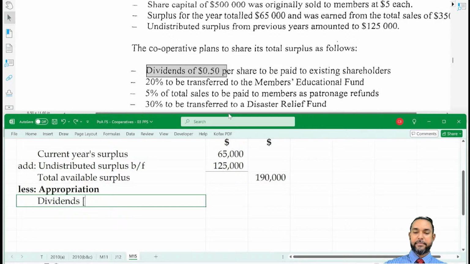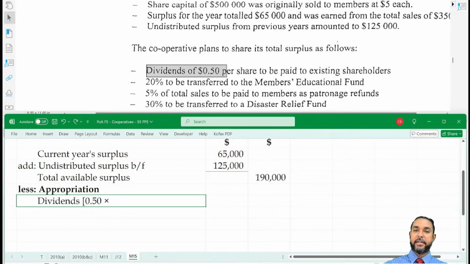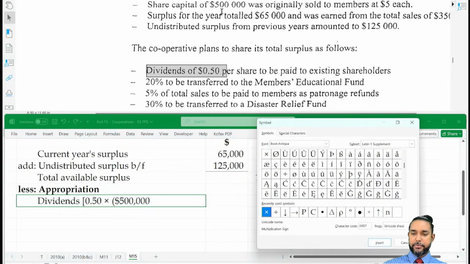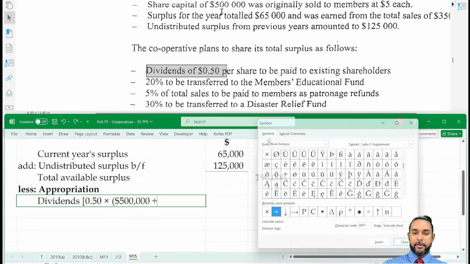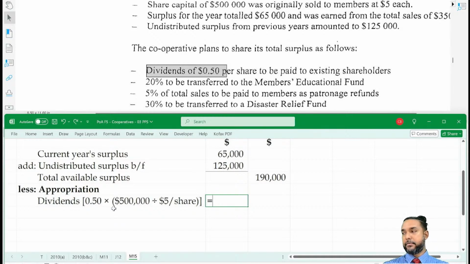So you have to multiply 0.50 by the number of shares. We said that $500,000 worth of share capital was raised by selling shares of $5 each. So you get 100,000 shares here, and when you multiply by 0.5, you get 50,000.